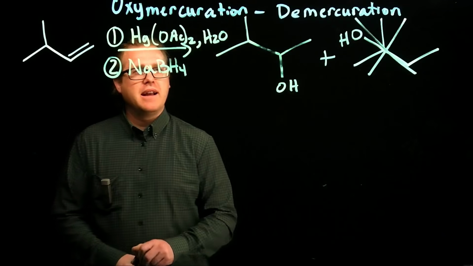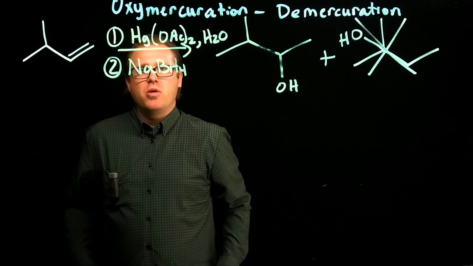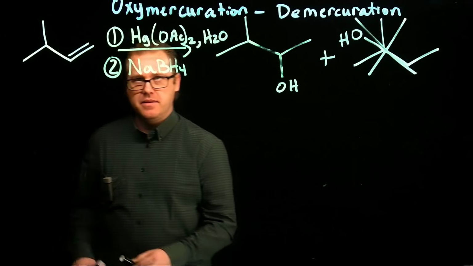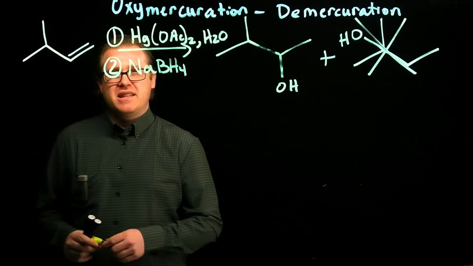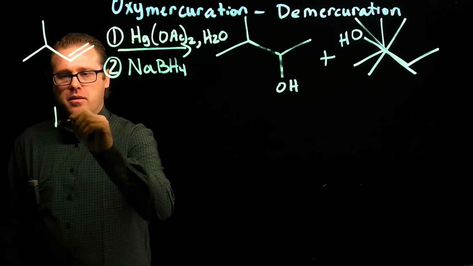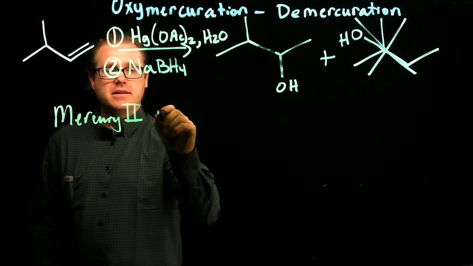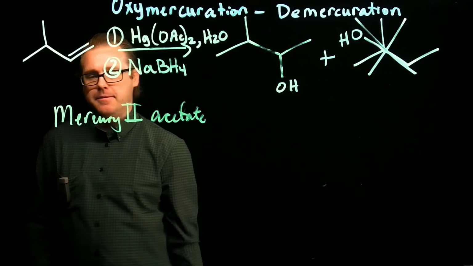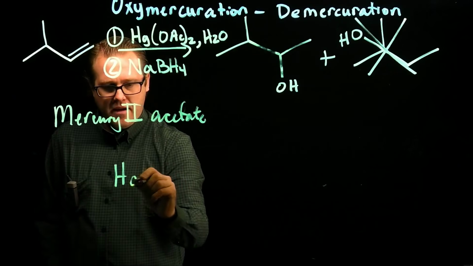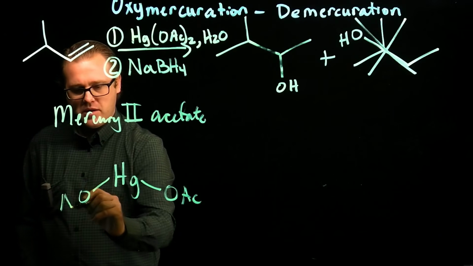Now, in order to understand this reaction, we need to understand this reagent right here. And I misspoke when I called it mercury diacetate. It's just mercury acetate. To be more precise, it's mercury 2 acetate, like that. So what does that look like? Well, you're going to have mercury attached to 2 acetate molecules, like so.